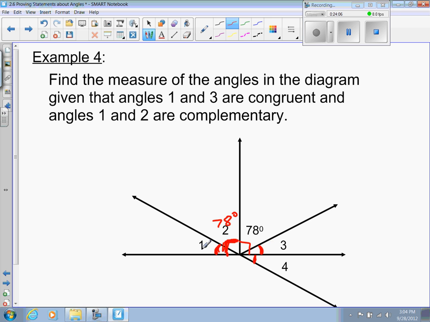That leaves, what is the measure of these ones? Well, I need them to add up to 90. So a 12-degree angle would make 90 degrees. 12 degrees, 12 degrees. So notice this picture is not drawn to scale. They don't have to be, but you can still figure this stuff out.